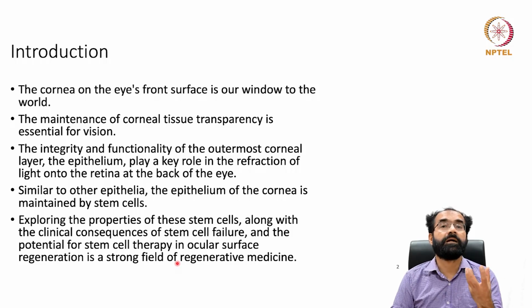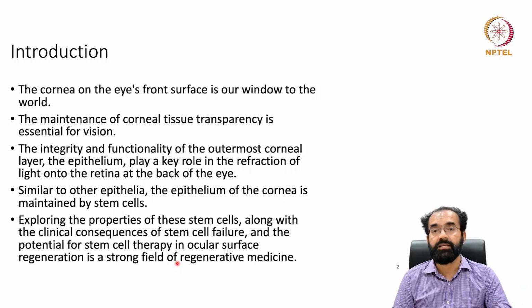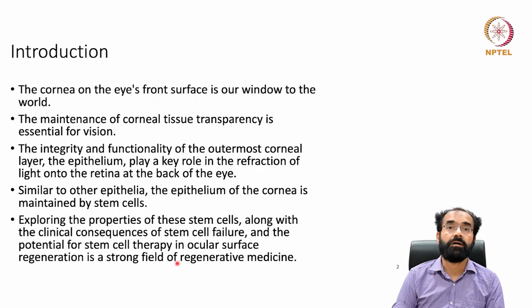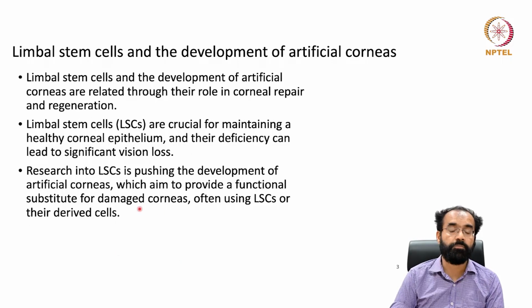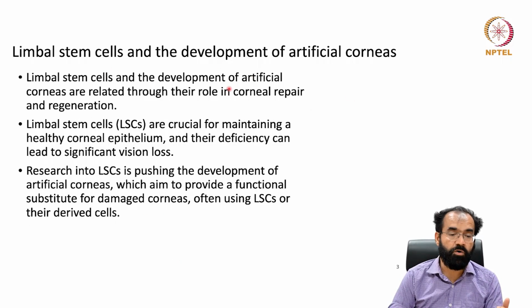Sometimes these limbal stem cells are not doing their job adequately, because of which the cornea can lose its transparency, because there can be vasculature, etc. So there are multiple scenarios in which the cornea can lose its perfectly transparent structure or perfect way of functioning.